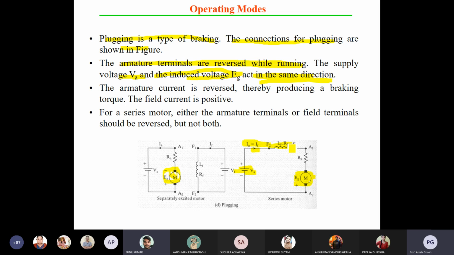If current is flowing through the armature winding, automatically some magnetic field will be developed. That magnetic field and the field winding magnetic field both interact, and you get some resultant flux. That resultant field forces the armature of the DC motor to rotate.